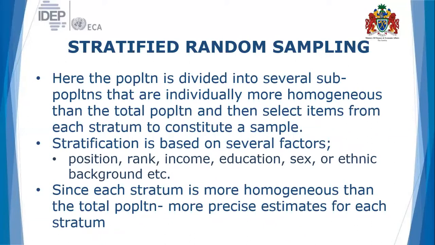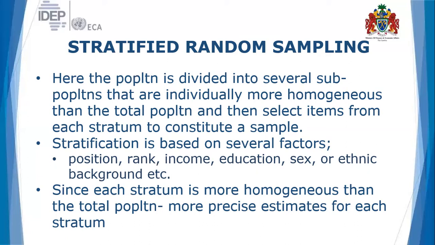Stratified random sampling. Under this technique, the population is divided into several subpopulations that are individually more homogeneous or more uniform than the total population, and then we select items from each stratum to constitute a sample.